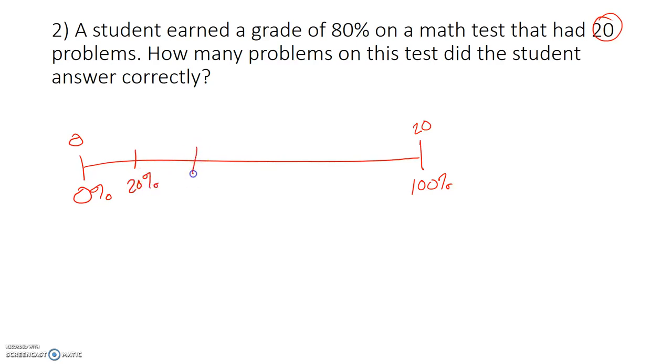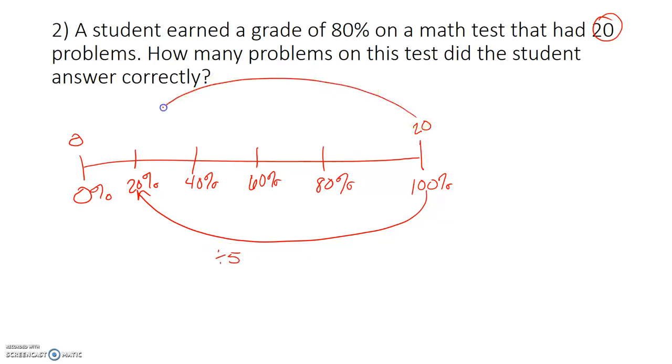Let's set up our diagram so that it goes in the pattern going up 20% each time. And I know to get from 100 to 20, I need to divide by 5. So 20 divided by 5 is 4.